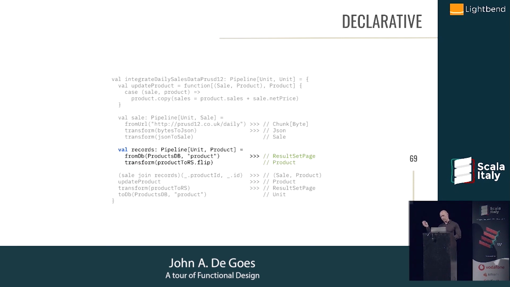I take advantage of that flip on my codec, because my codec goes from product to result set, and I flip that to go from result set to product. And then finally, I take the sale and join that together with the records by the product IDs, which was previously happening inside that helper function that I didn't show you the body of, that was hundreds of lines of JDBC code. Here, it's short enough that I can start to show you more details of what's going on behind the scenes.